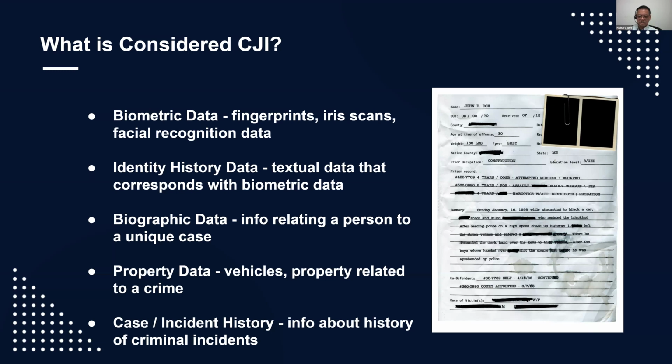Yeah, another way to look at what CJIS information is: basically any information that law enforcement needs or collects to do their job. Another subset of CJIS, another acronym, is CHRI, Criminal History Record Information.